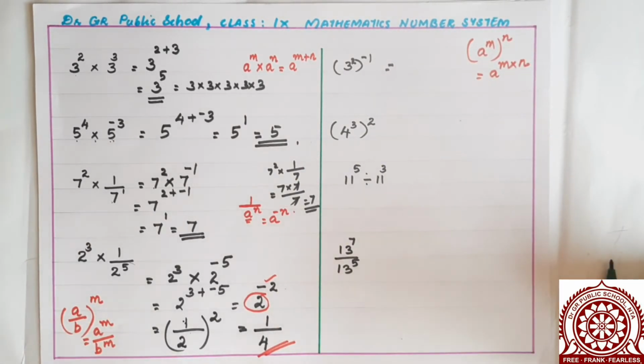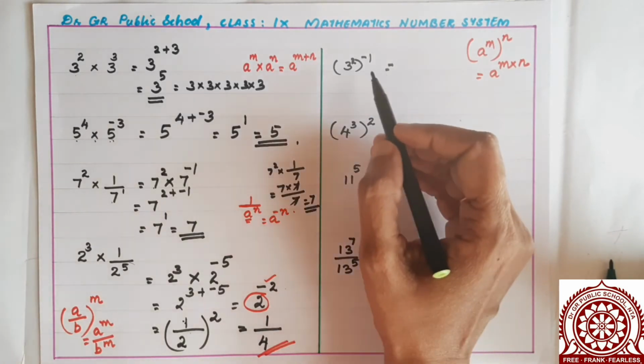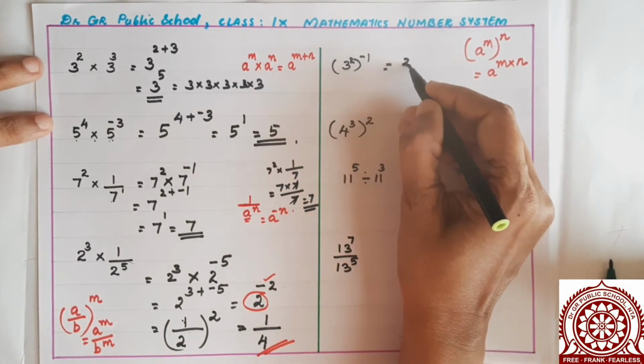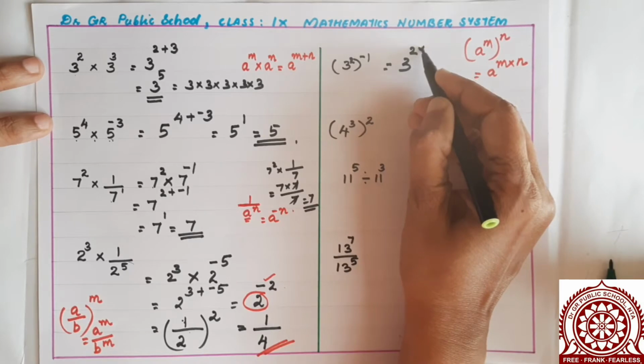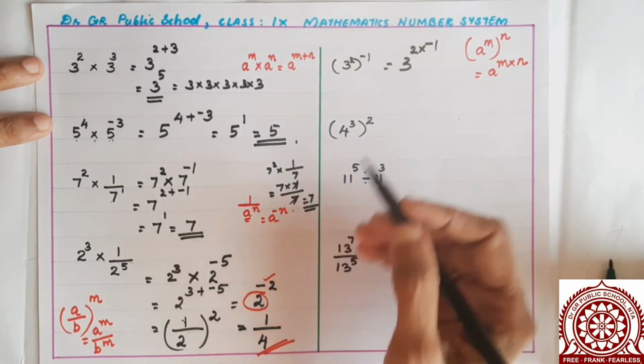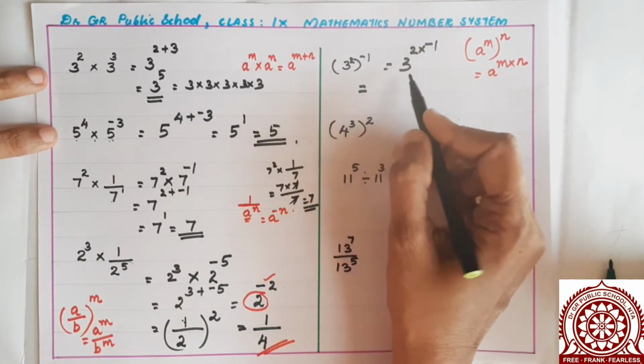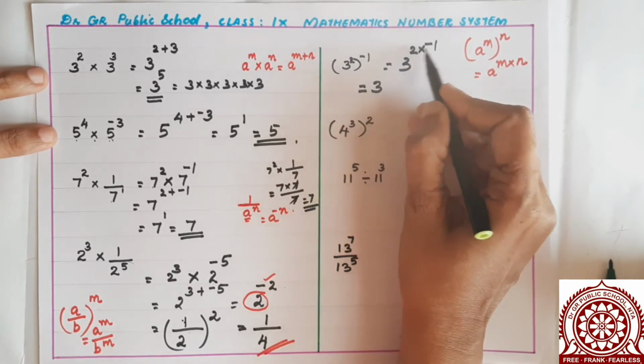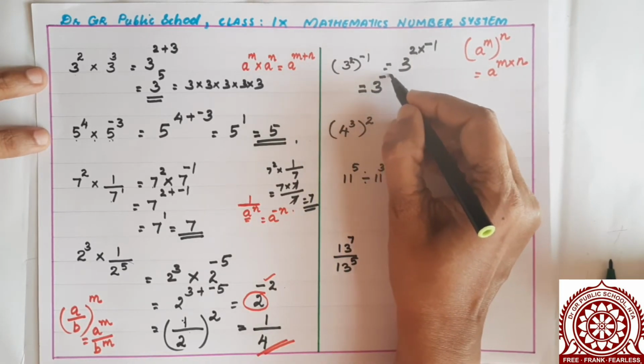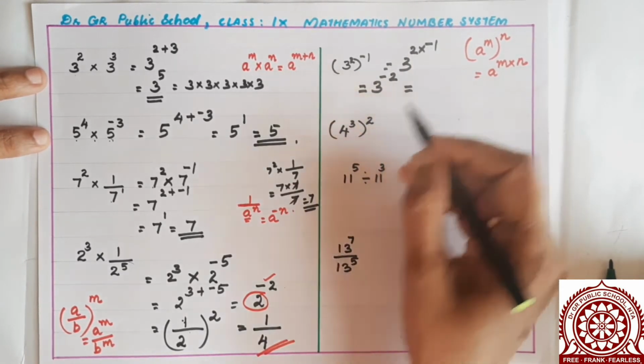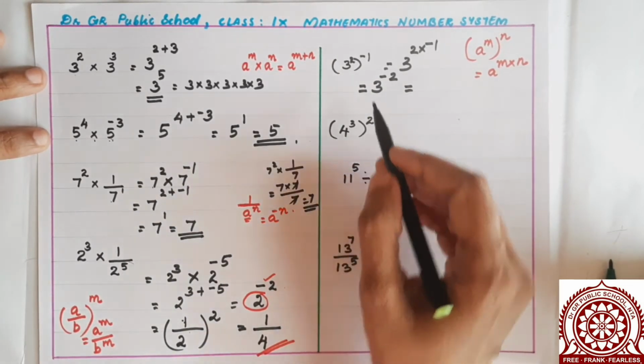Okay. So what can be written here? 3 raised to 2 multiplied by minus 1. What is it? 3 raised to. What is 2 into minus 1? Minus 2. Now how can we write with the positive power?